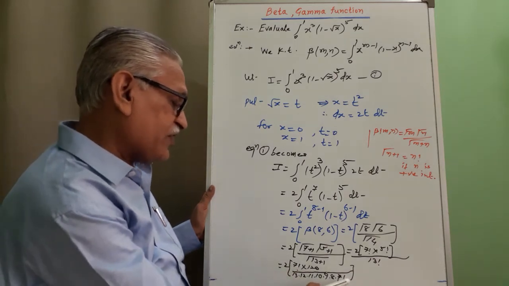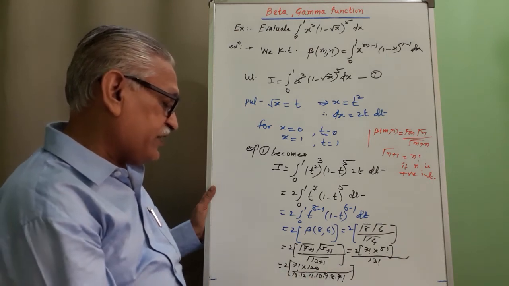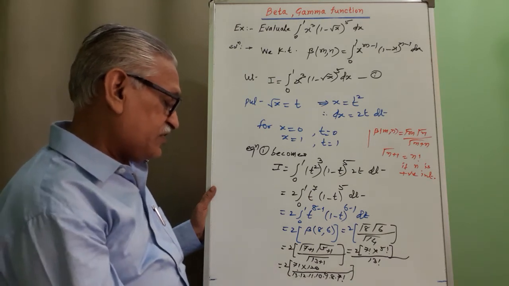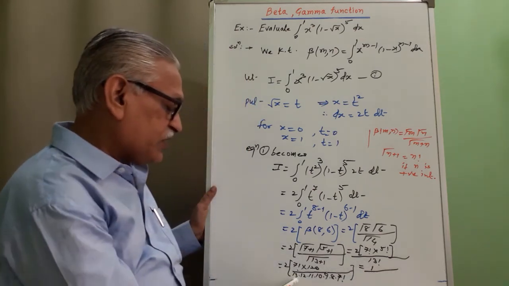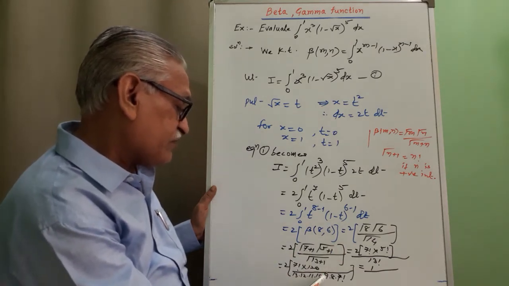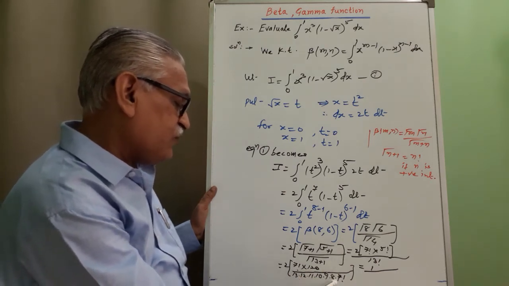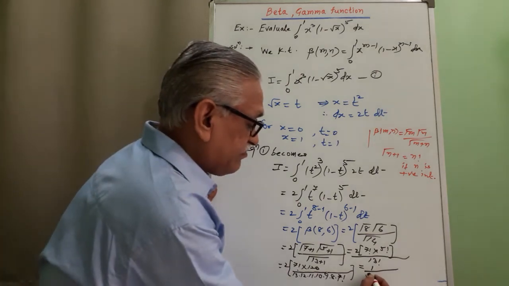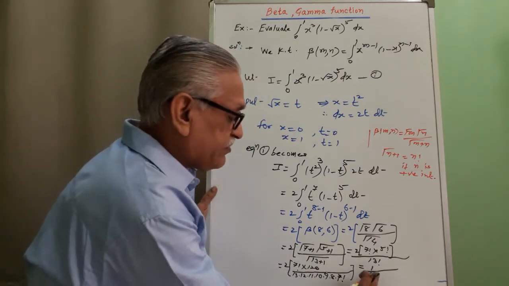So this 7 factorial will cancel. 12 into 10, 120, cancels with 120, and then dividing by 2 we get here 6. Therefore that value is 1 upon the product of 13 into 11 into 9 and into 4. That product is 5148.